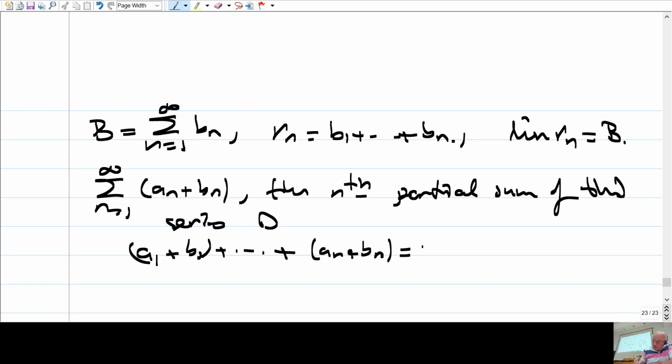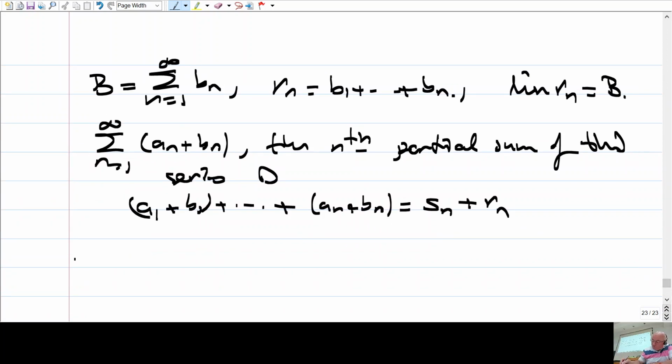Well, this is just Sn plus Rn, right? Sum of the first n A terms and sum of the first n B terms. And what is the limit of this?